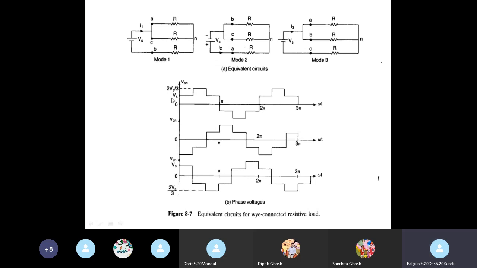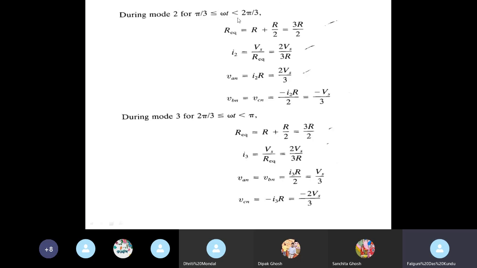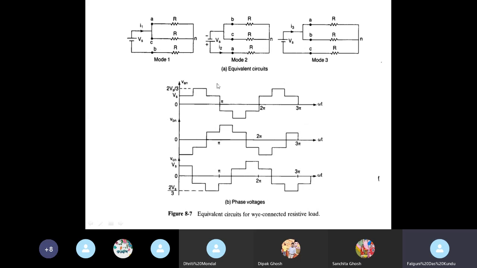So this is not actually Vs, this is Vs by 3. Okay. Then during the time period pi by 3 to 2 pi by 3, that means this interval, the value of VAN is nothing but 2 Vs by 3. So here we increase the value, which is 2 Vs by 3, and this is up to 2 pi by 3. After that, from 2 pi by 3 to pi, the value of VAN is Vs by 3. Okay, so that's why it falls and this is Vs by 3.